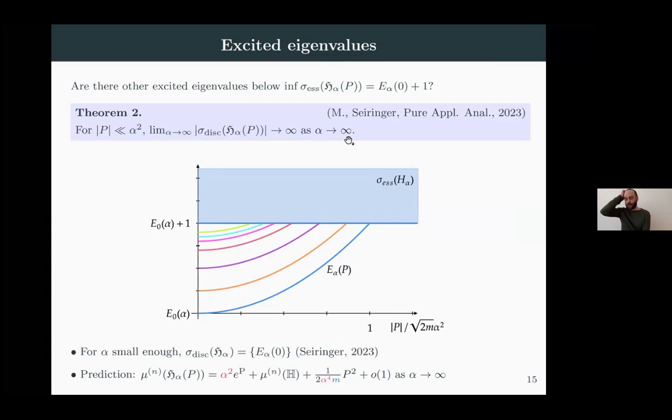And then we surprisingly found out that it seems that the existence of these eigenvalues has not been predicted in the physics literature. So we found even some papers that did some heavy numerics on this problem, where they also did not find the appearance of these excited bound states for this model.